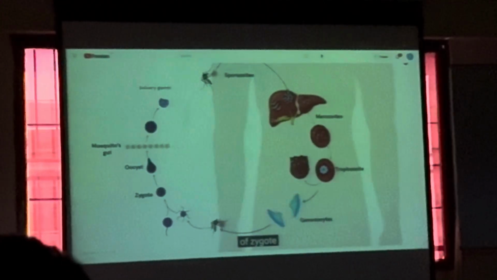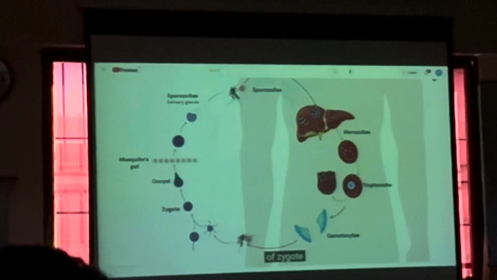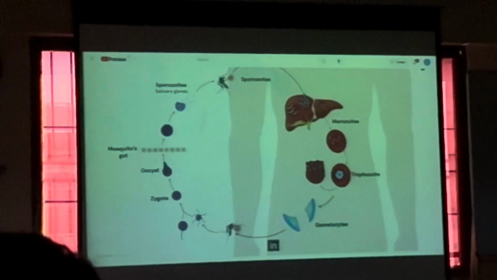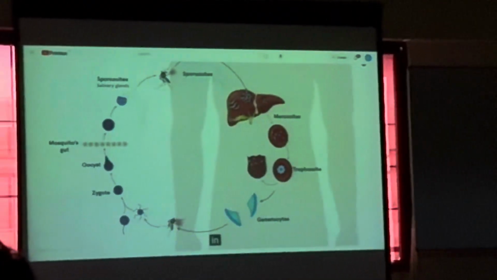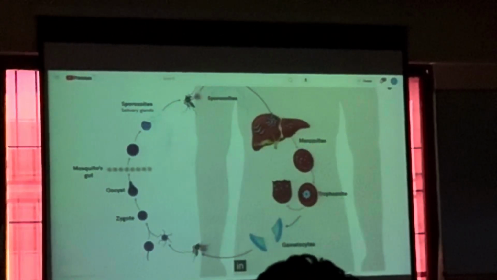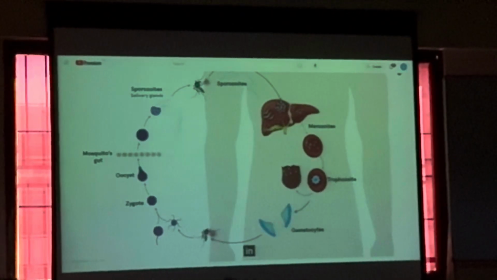Here, the oocyst now releases several sporozoites, which are the mature infective forms of the parasite, ready to infect a new healthy individual with the next blood meal. So when this female Anopheles bites, the sporozoites get transmitted, thus repeating the complete cycle and causing the infection.